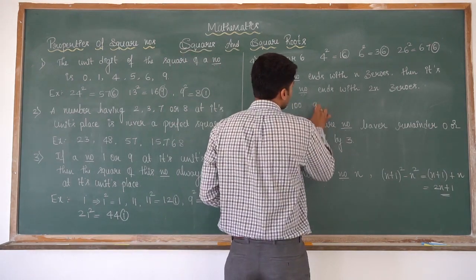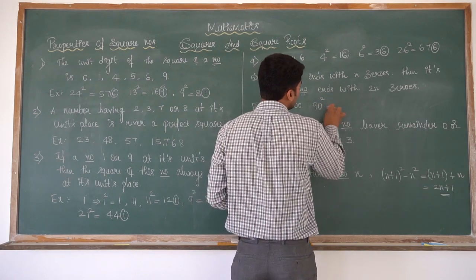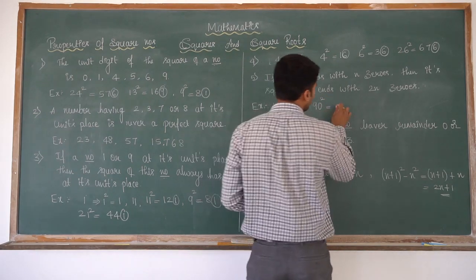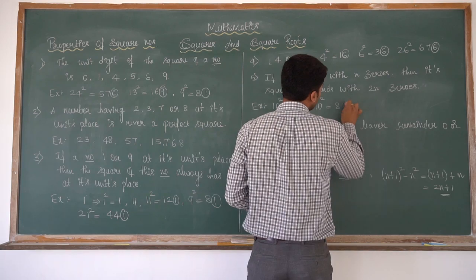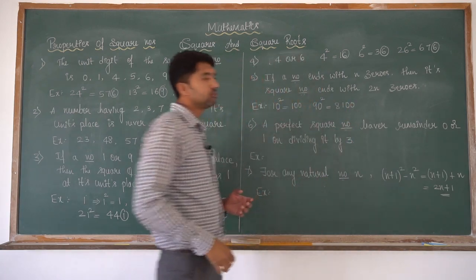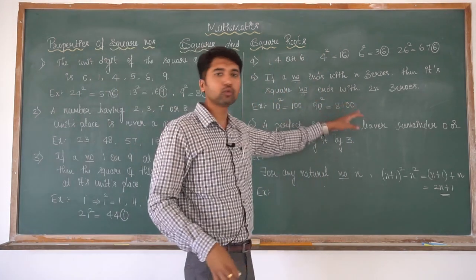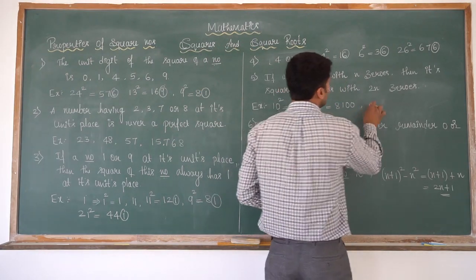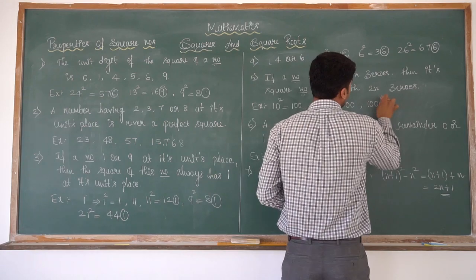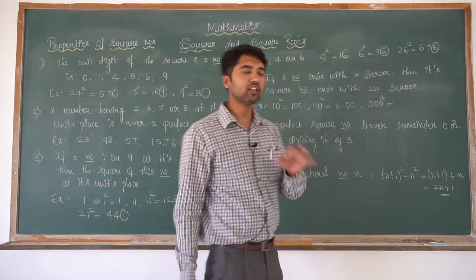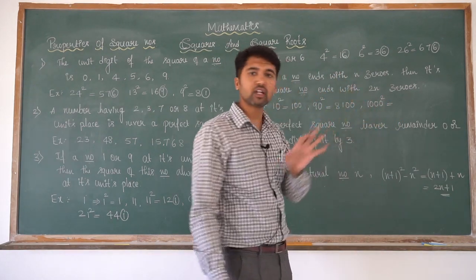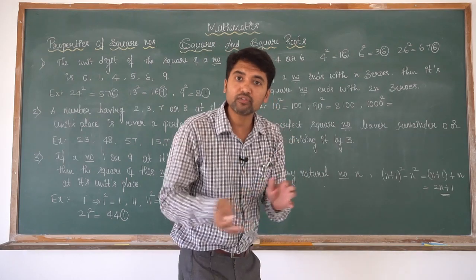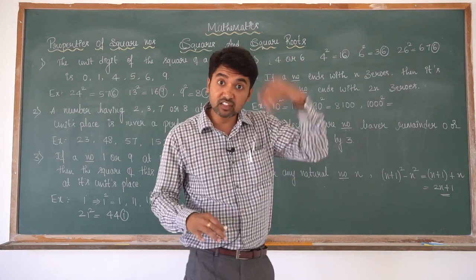Then 90, so 9 nines are 81, 2 zeros, 1 zero is there, 2 zeros. Suppose we have 3 zeros in a number, 1, 2, 3 zeros are there in the number, then the square of this number will have 6 zeros.